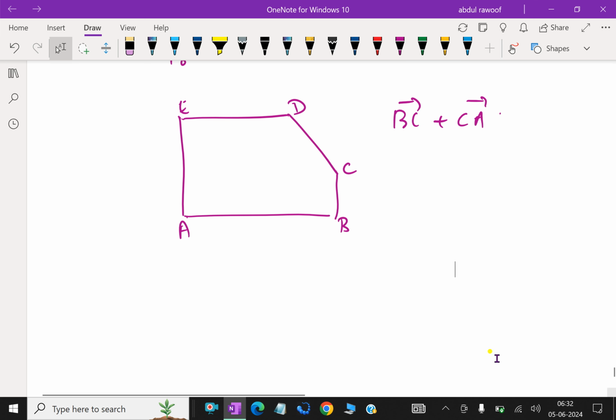BC is the first vector and CA is the second vector. BC plus CA is equal to BA, because BC's starting point is B and the end point is A, so it is BA.